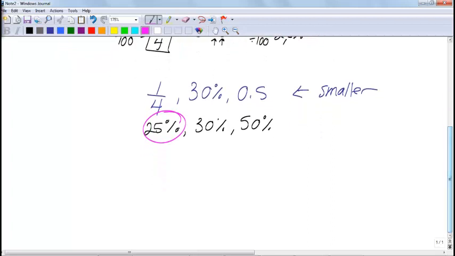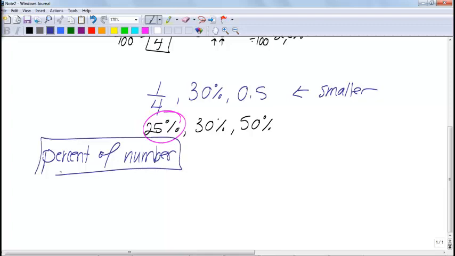The last type of thing that you'll be asked to do in this review section is to figure out percent of a number. This is new for a lot of people in grade 8. So we'll introduce it once here, but like I said, we'll spend more time on it later. But I want to figure out what 25% of 13 is.